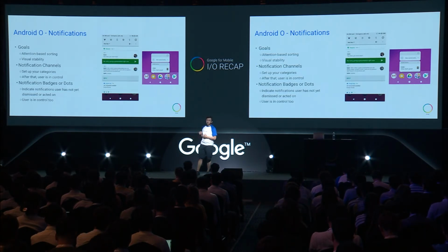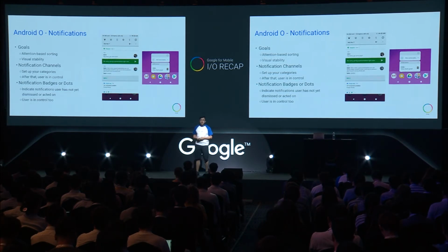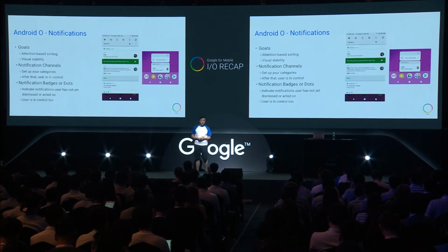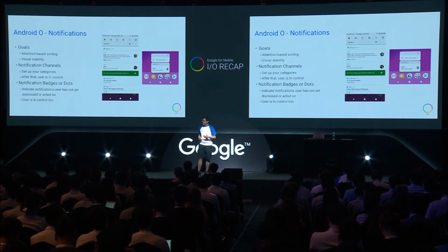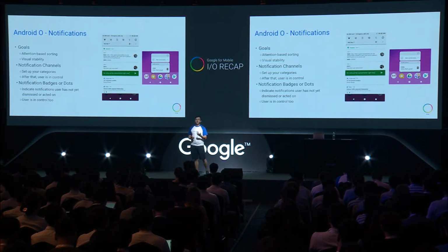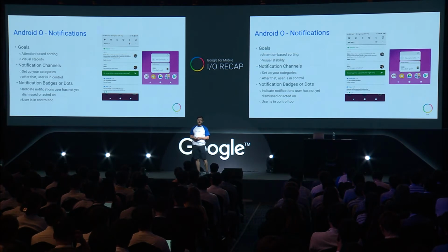Another new feature we add in O is notification badges, or we also call them dots. This is a way to notify your user there are unhandled notifications for your application. That is also very useful, something we heard a lot from you to have in Android.